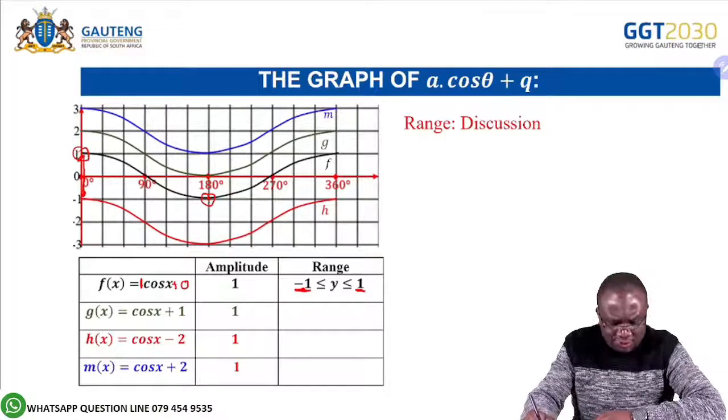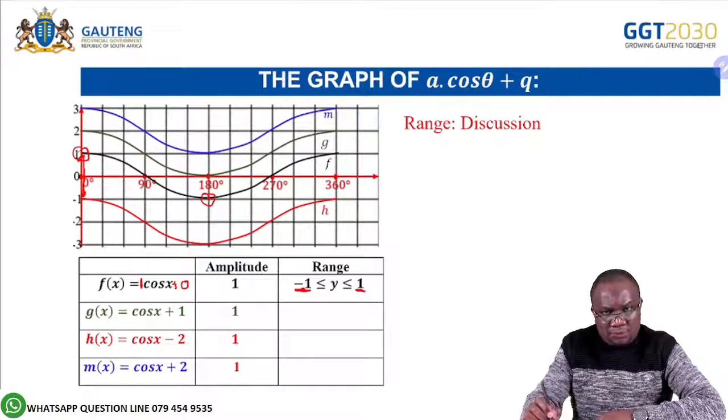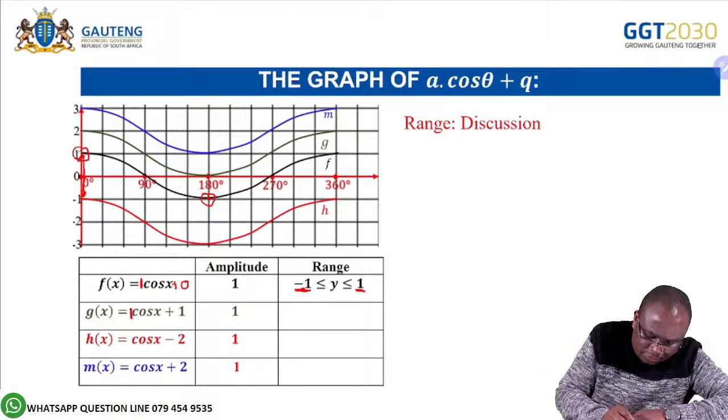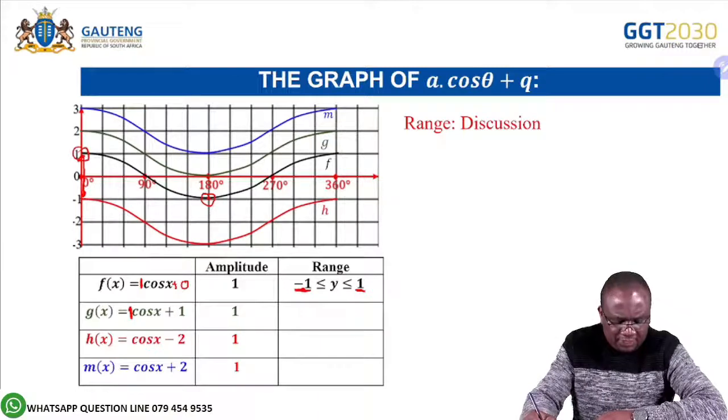I want you to try and use what we have learned now to find the range for g of x. Minimum value is negative a plus q, maximum value is a plus q. Our a here is 1. So what will be the minimum value for g of x?